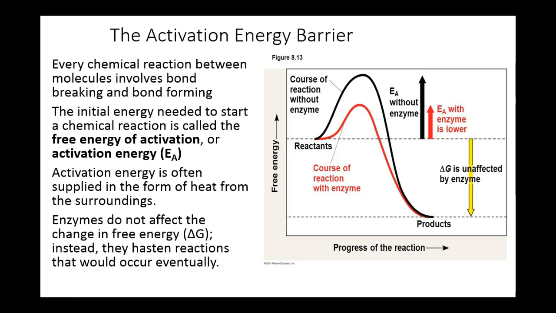Instead they will hurry up, or facilitate, reactions that would occur eventually. So please understand that the thing that's being said here is enzymes don't make a reaction take place. That reaction would happen anyway. My car is going to rust, but if I don't keep it clean, if I keep all that salt and all the grime on it, that rust is going to happen faster.